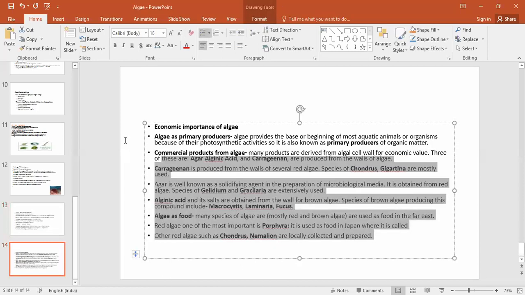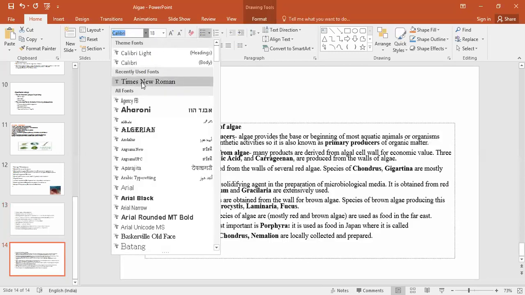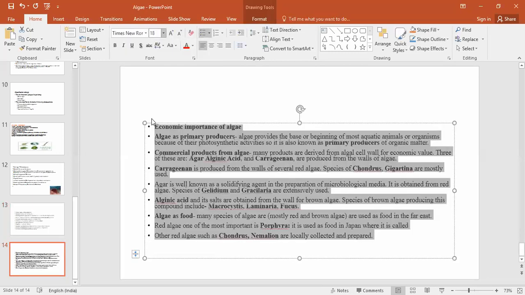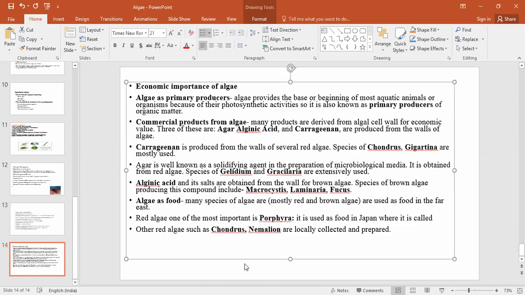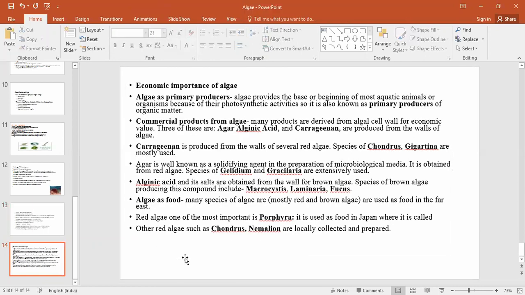Now, what is the economical importance of the algae? First, algae as primary producers. Why? Because they are photosynthetic organisms, so they provide the base for most aquatic animals.